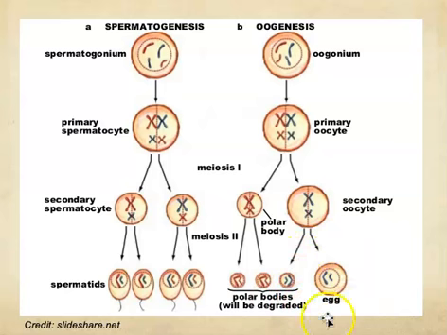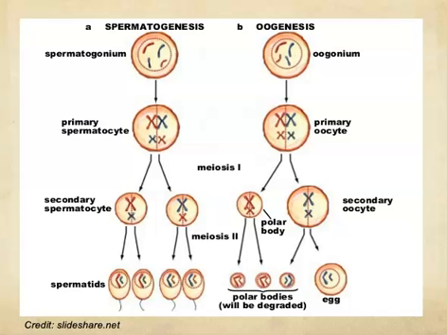Females make many fewer eggs than males make sperm, and females make eggs through only a very limited time when they are in their mother's womb. Remember, the fetus, the female fetus, makes all of the eggs that female person is ever going to have.